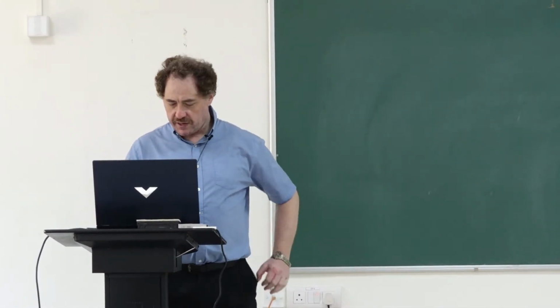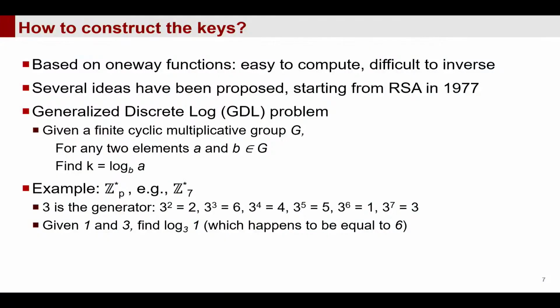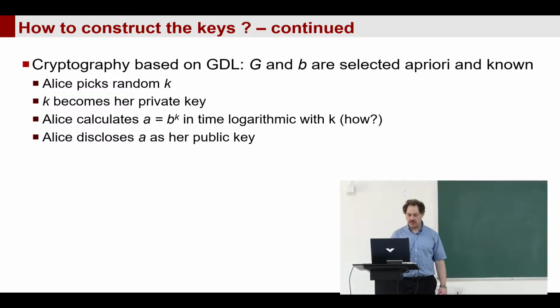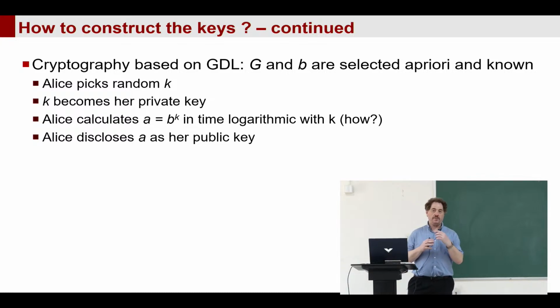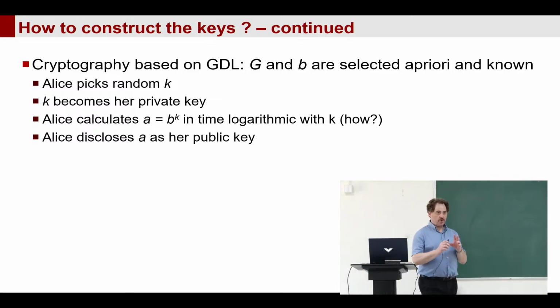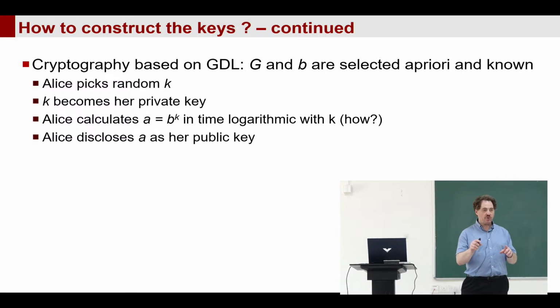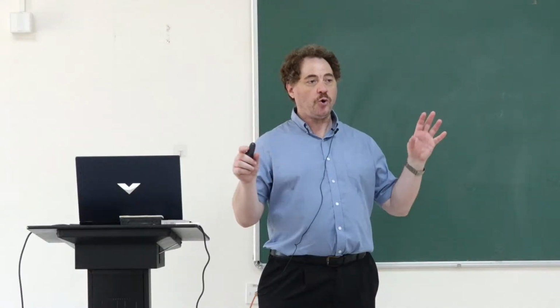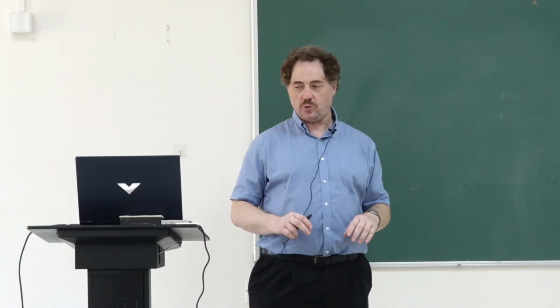Okay, so that's the idea. Now let's see the application. How do we construct the keys? How do we build public key cryptography based on this problem of generalized discrete log? The group and one member of the group are selected a priori and known to everyone in the world.